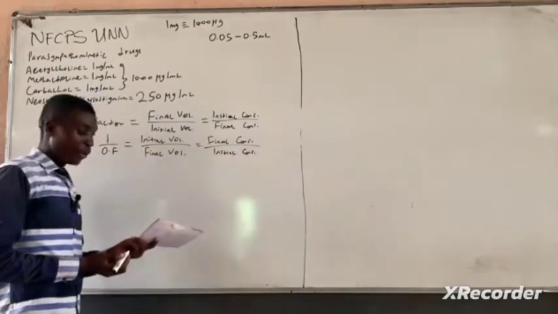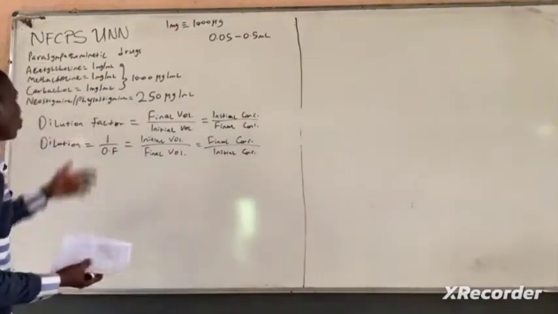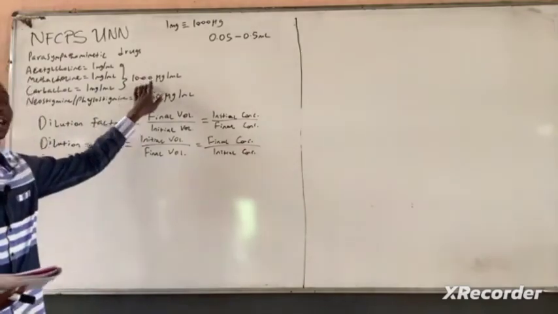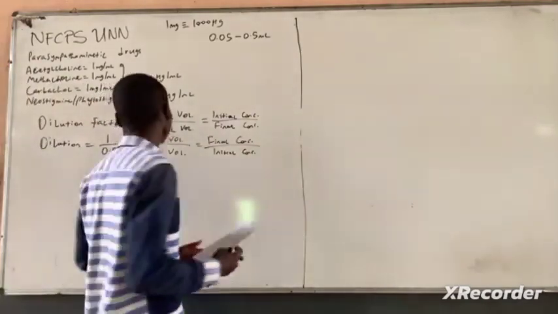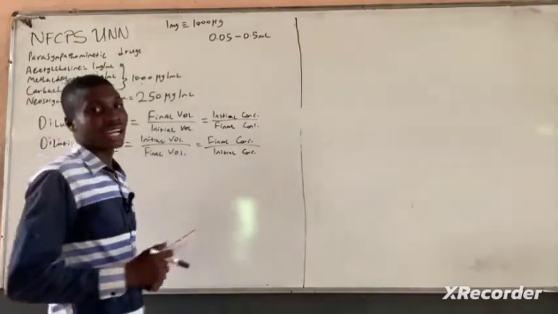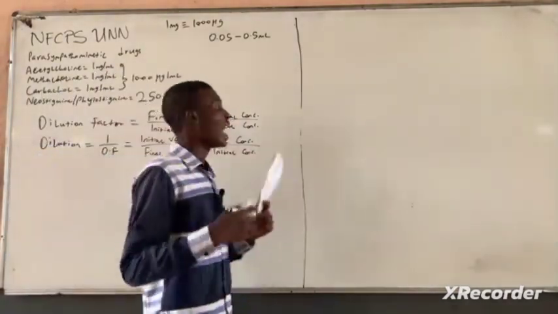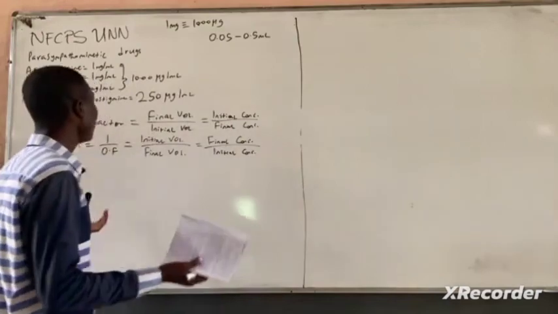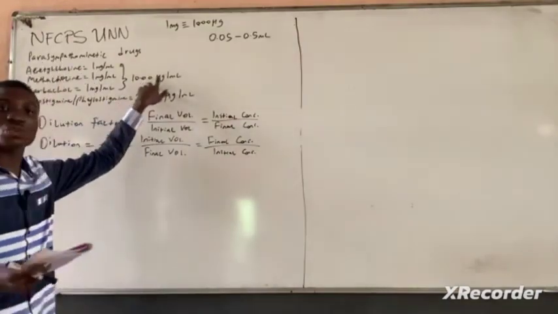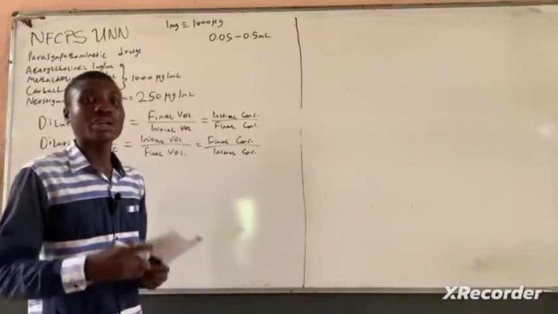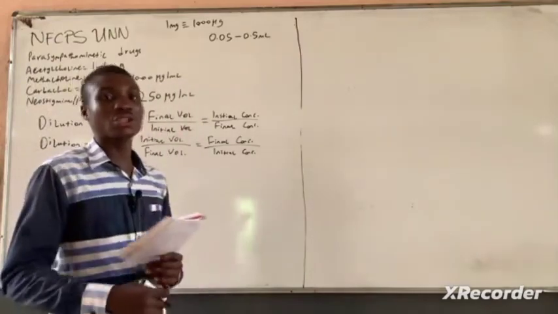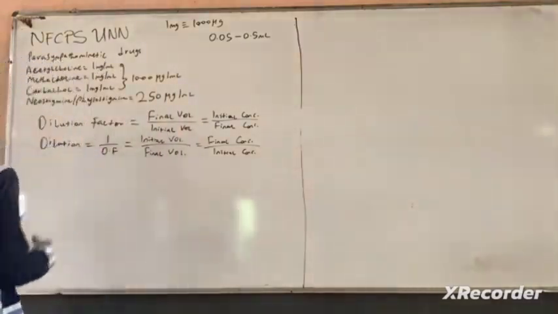So for example, if you have been told that you should do a 10-fold serial dilution on 1000 microgram per mil, it simply means that your dilution factor in that case is 10. And you may want to calculate, okay, you know that the initial concentration is 1000, but what then is going to be the final concentration since you are doing a 10-fold serial dilution? So what you simply do is to fit it into this formula.